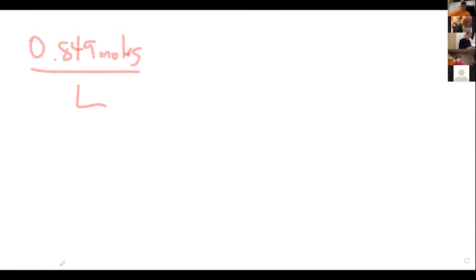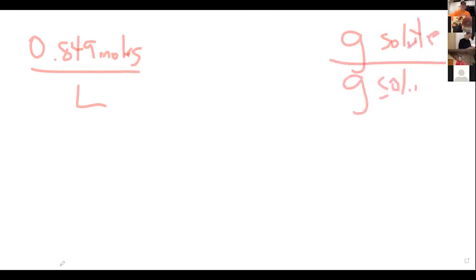But I want grams of solute over grams of solution. So I need to convert the top to grams of solute, because this is moles of solute right here.